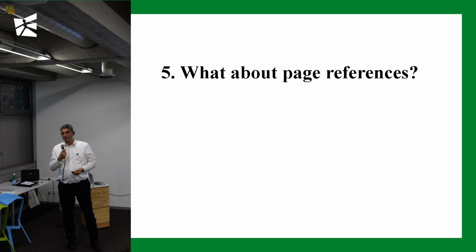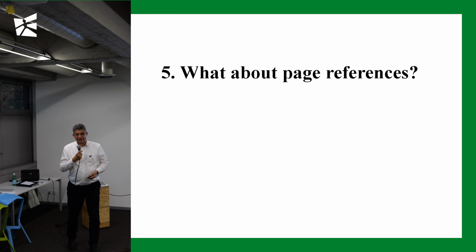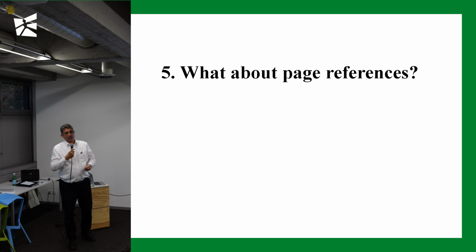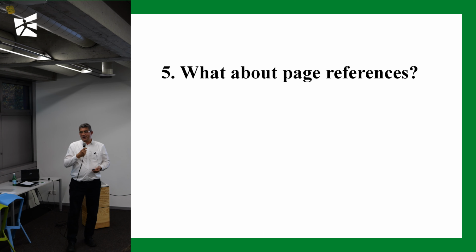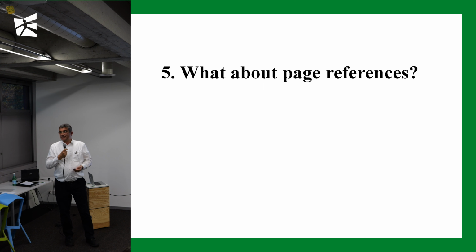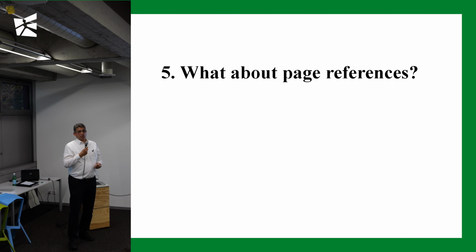HSG is stricter than APA in that HSG requires page references not only for direct quotations. Well, that would seem obvious, but I can tell you that we get to see a lot of material where page references are missing, also with direct citations. Now, if a source has a page, then I can obviously cite the page.